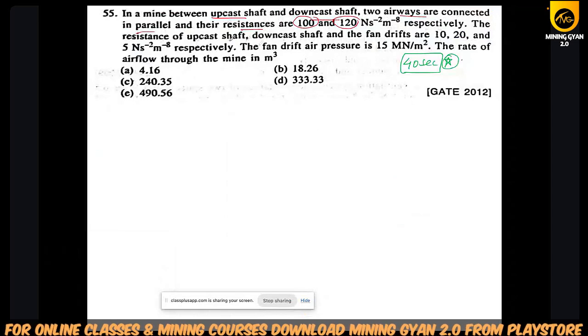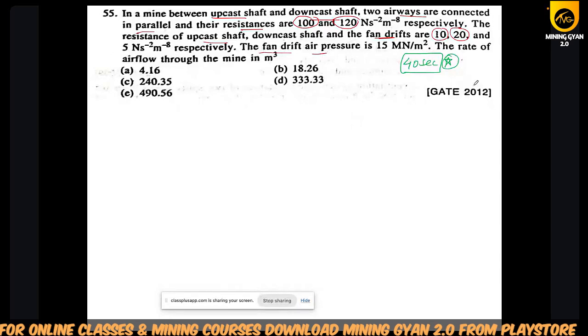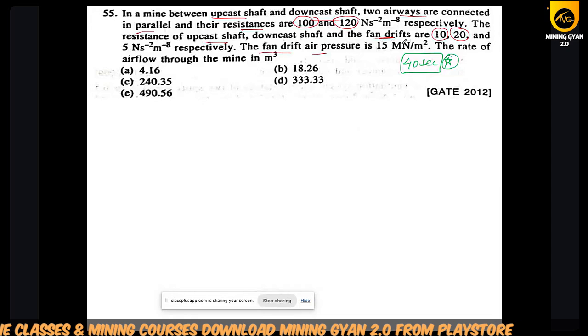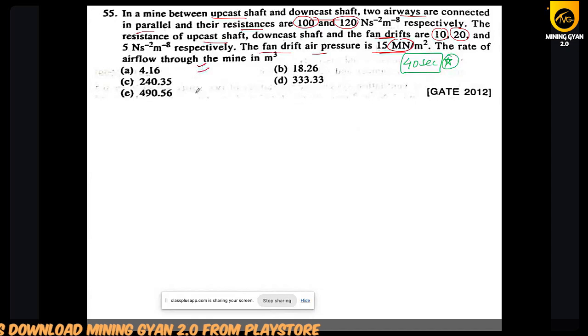The resistances of the upcast shaft, downcast shaft and the fan drift are 10, 20 and 5 respectively. The fan drift air pressure is 50 MN. So here take care of the unit, we have to convert it, and we have to calculate the rate of air flow through the mine.